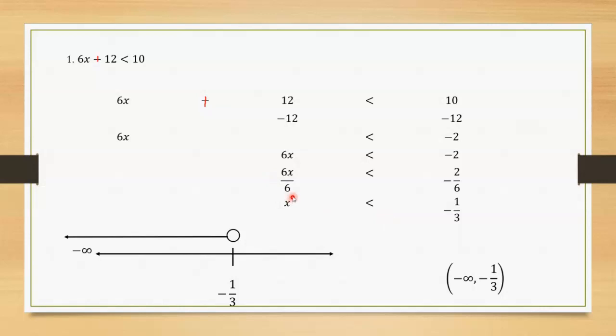Oh, okay, so since it's a 6, that's not negative, we don't have to. Good question, though. Remember, you only switch it when you multiply or divide by a negative. But this is our solution set. We graphed it as well. I put an open circle up here because we're not including -1/3. It's a strict inequality.